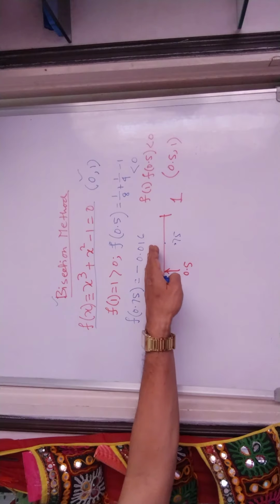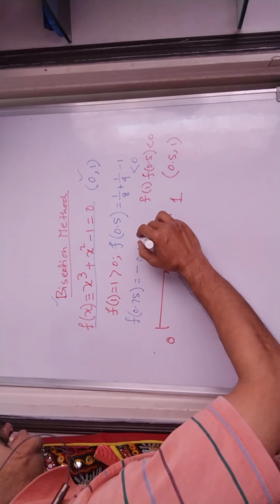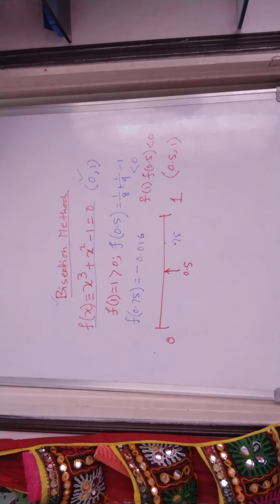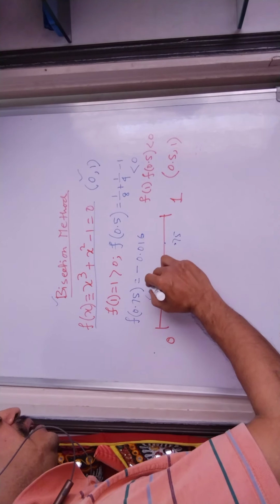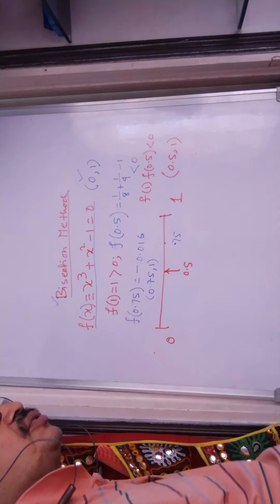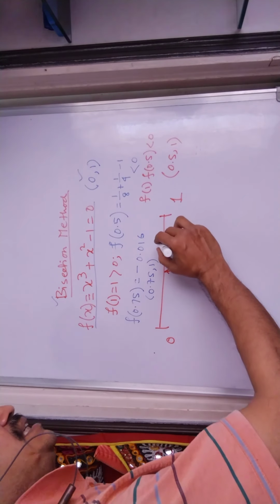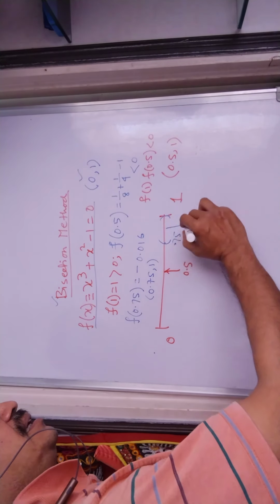This value is rounded off to 3 decimal places. So where does the root lie? The root lies between 0.75 and 1, isn't it so? So we again halve this interval.